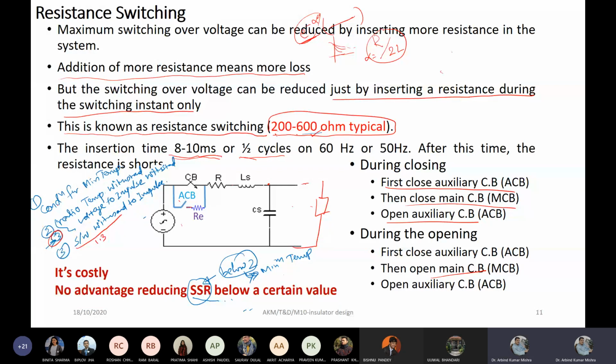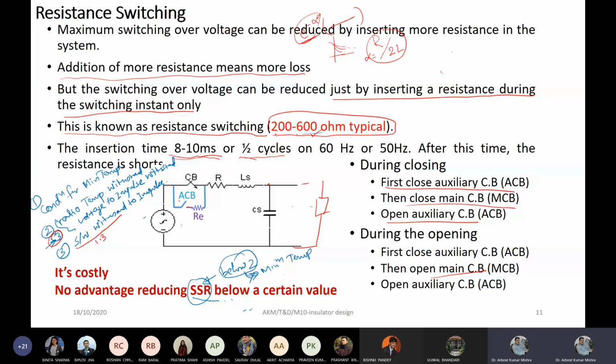So what does it mean? The temporary to switching is 3 divided by 1.3. So if an insulator can withstand a certain value of voltage V of temporary over voltage, then it can withstand V into 3 by 1.3 times of switching over voltage, right?